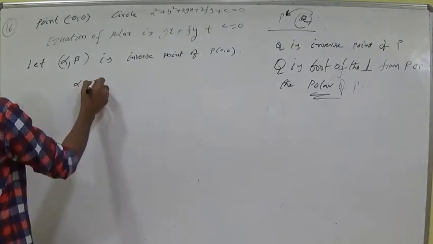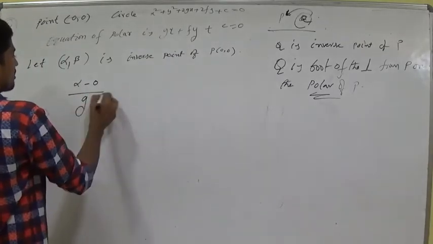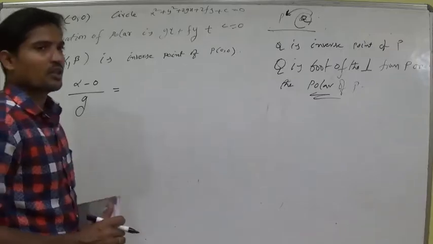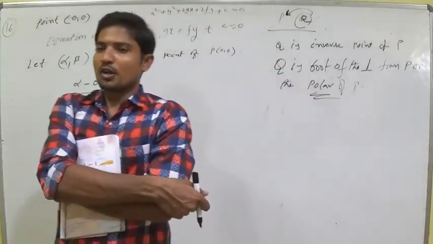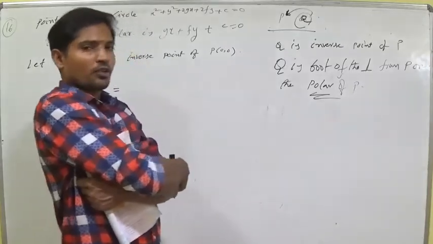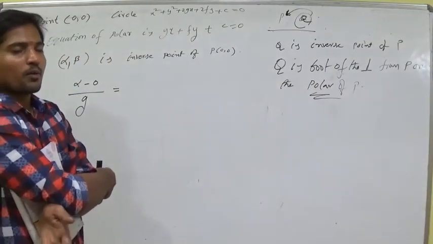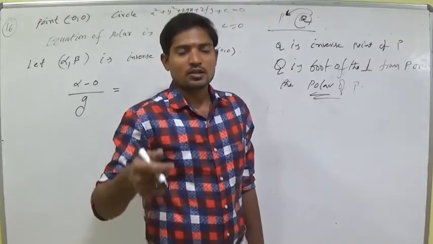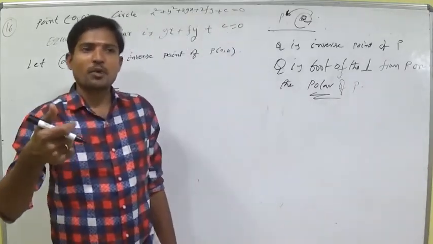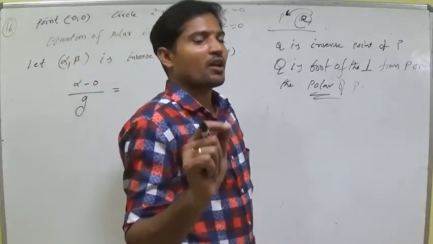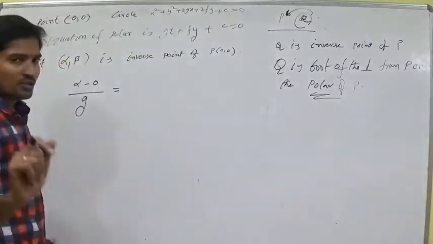Suppose ax plus by plus c equal to 0 and x1, y1 is the point, then the foot of the perpendicular form is, taking any other point h, k, (h minus x1) by a equal to (k minus y1) by b equal to minus of (ax1 plus by1 plus c) by square root of a square plus b square. Clear? That formula I am using here.